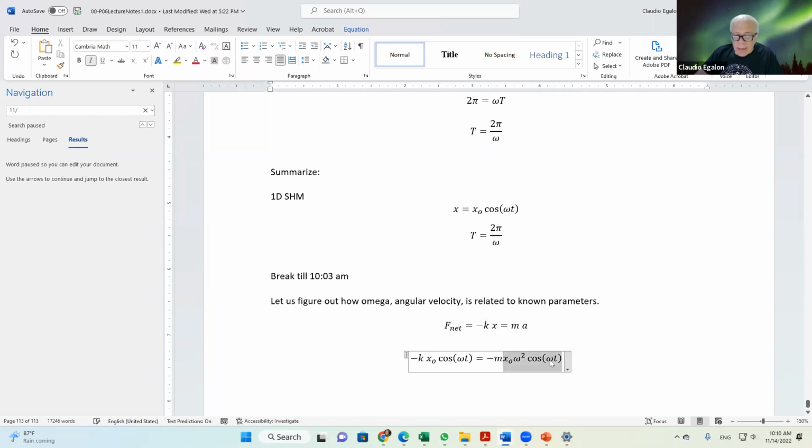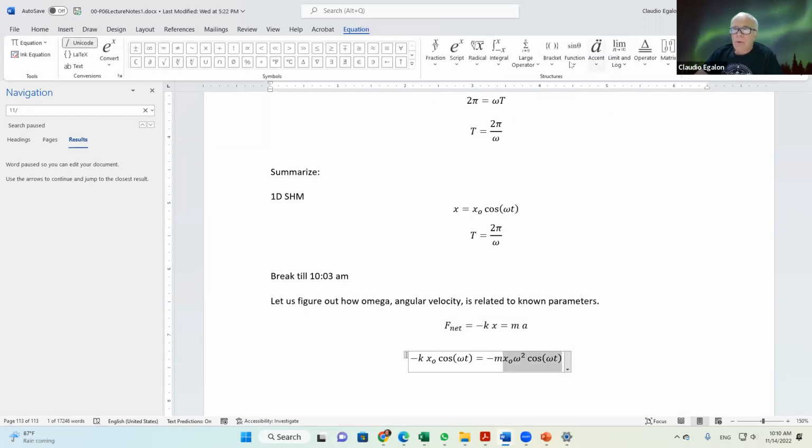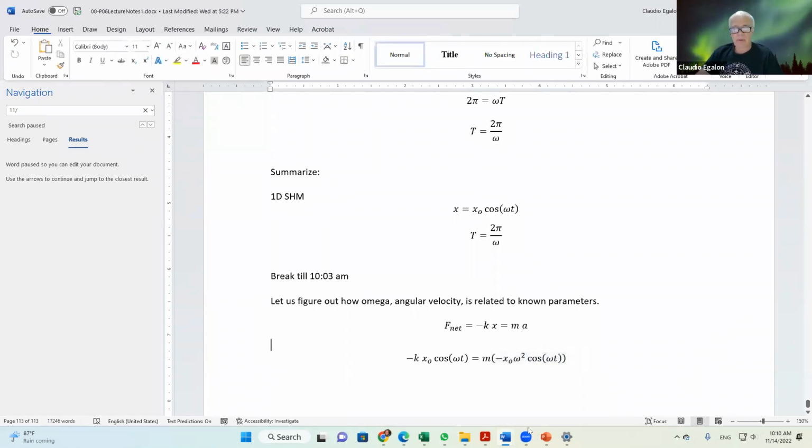Ideally, we should be doing it like that. I'm going to put the A between parentheses, and now I'm going to put the negative sign here.